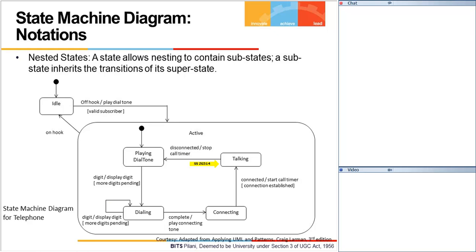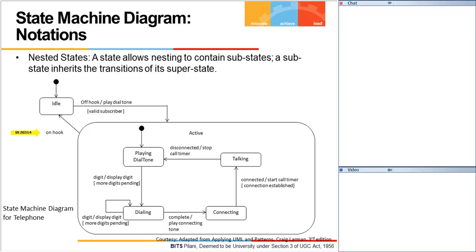One can transit from any of these 4 sub-states directly to the idle state on the on-hook transition. If I'm in the state where the dial tone is being played, and I place the phone back on the hook, you are in the idle state.